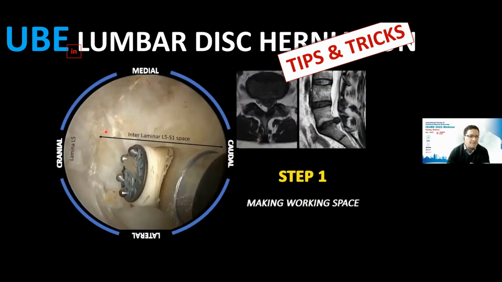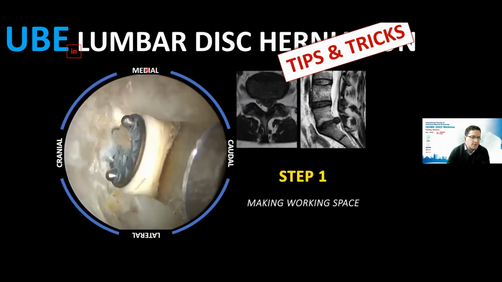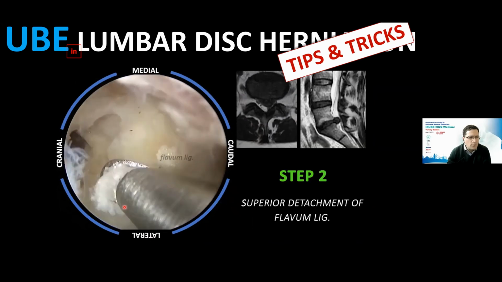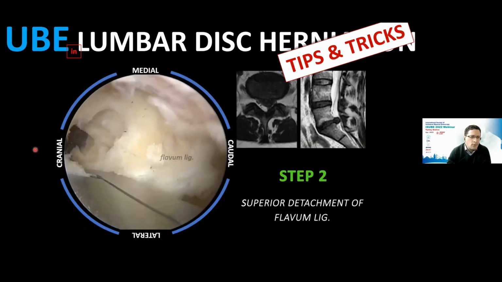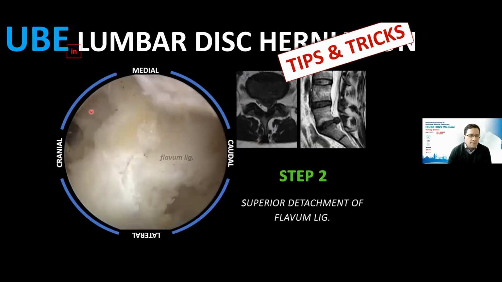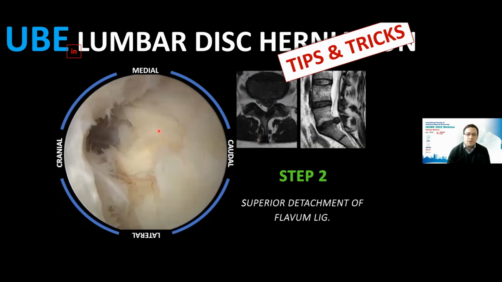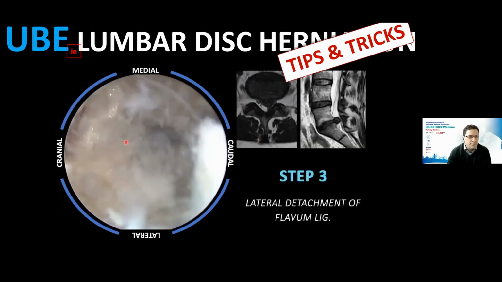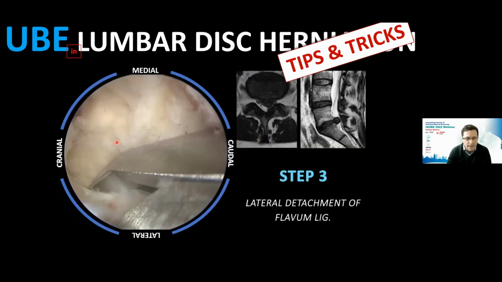We are on the left side, medial in the upper part of the screen, lateral in the inferior part. So after we identify the spinolaminar angle, we can remove the flavum ligament. The flavum ligament you can remove in many ways. We always think that in one piece is easier, maybe it's faster.